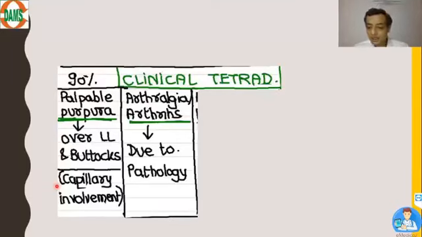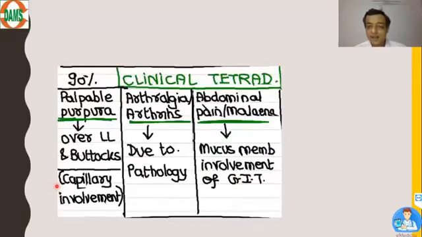Abdominal pain and melena can also occur due to mucous membrane involvement of the GI tract, because the capillaries in the mucous membrane of the gastrointestinal tract can be affected.